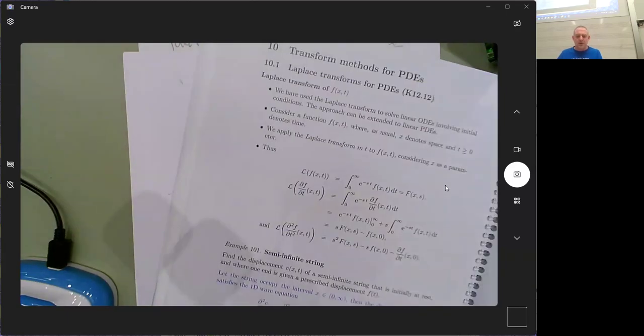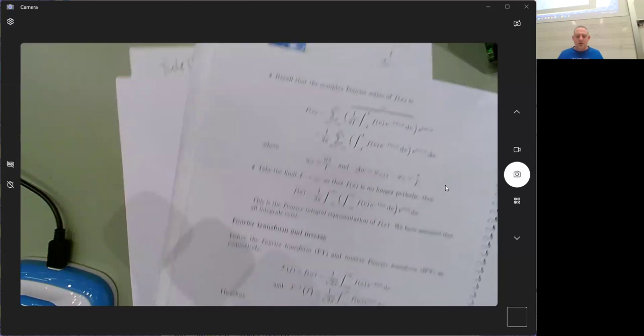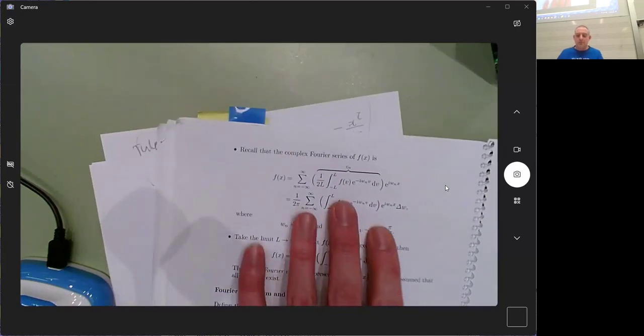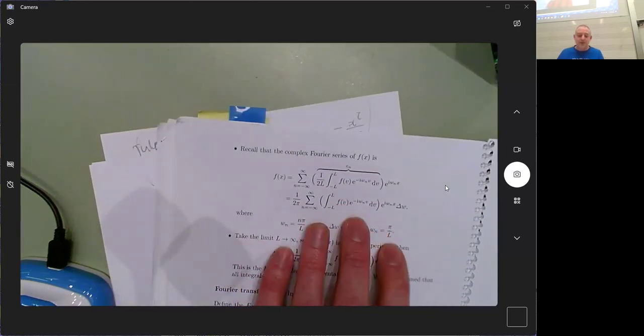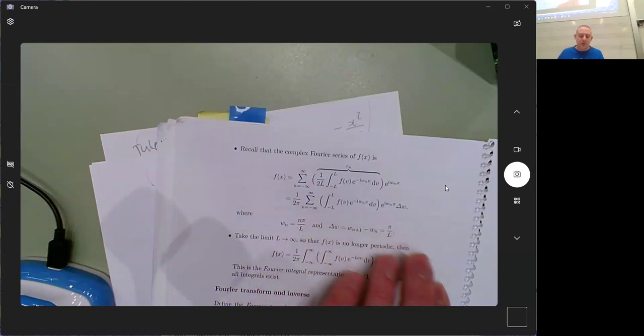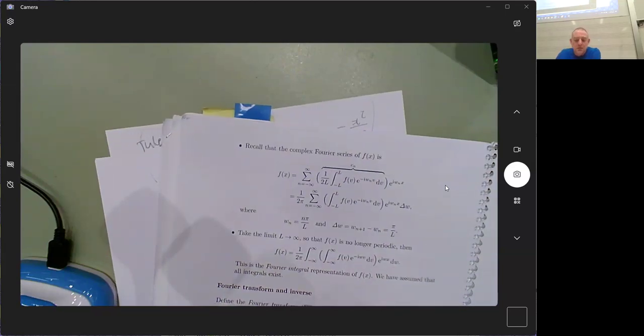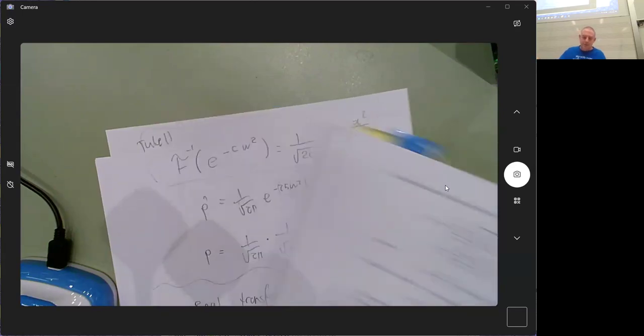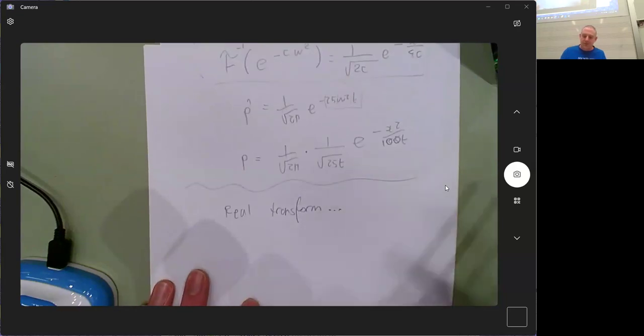Okay, so there's two pieces here. There's the original Riemann sum weirdness for moving from a Fourier series to a Fourier transform.